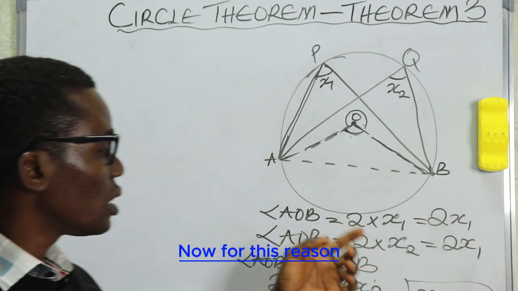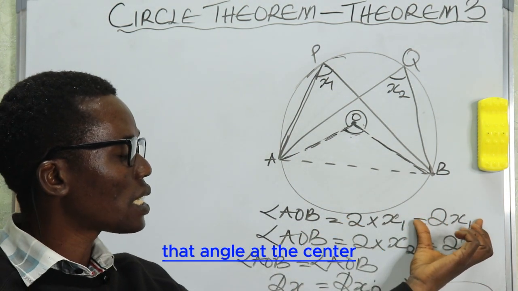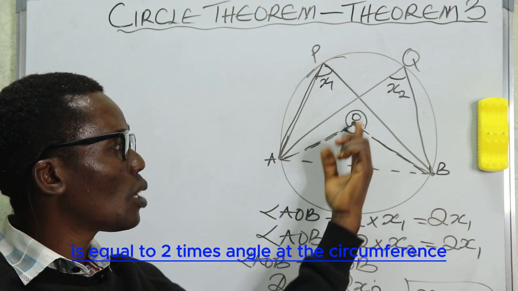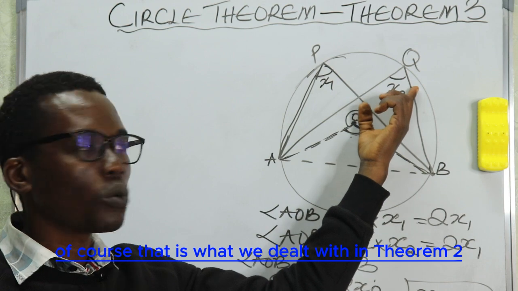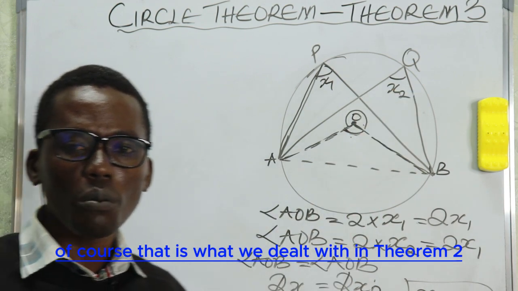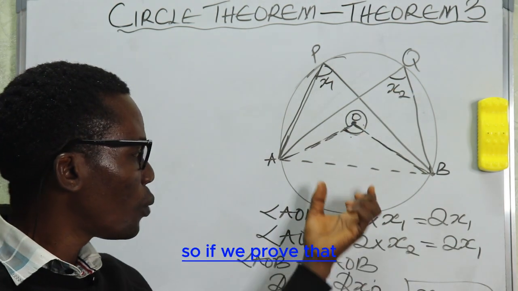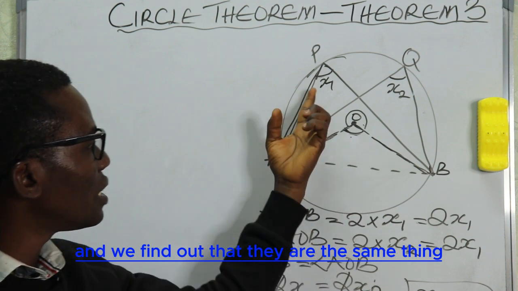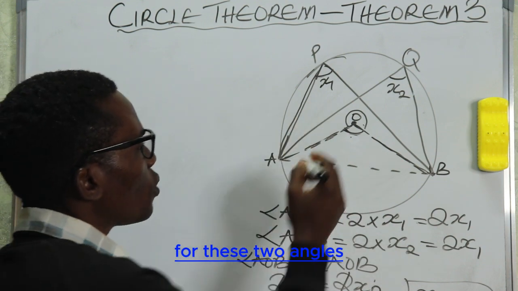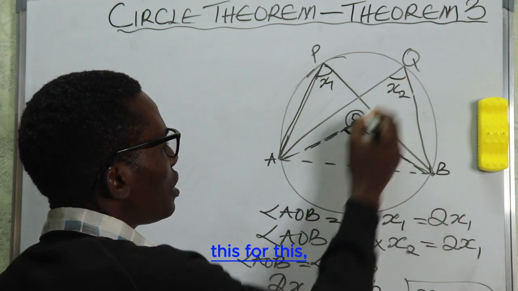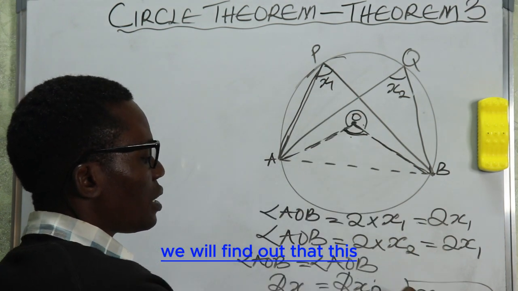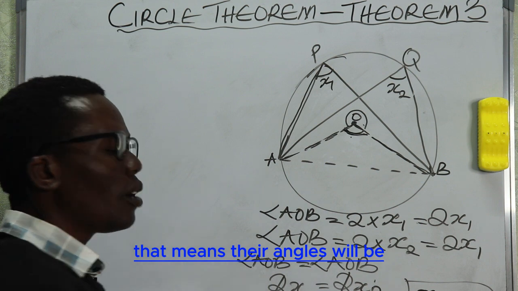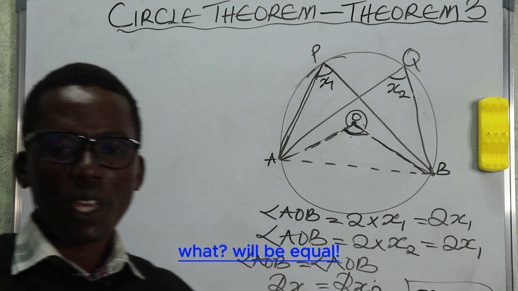For this reason, angle at the center is equal to 2 times angle at the circumference. Of course, that's what we dealt with in Theorem 2. So if we prove that and find out they are the same thing for these two angles we've constructed, this for this and this for this, that means their angles will be equal.